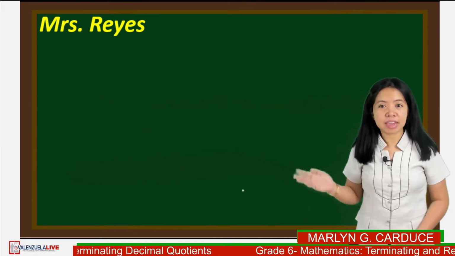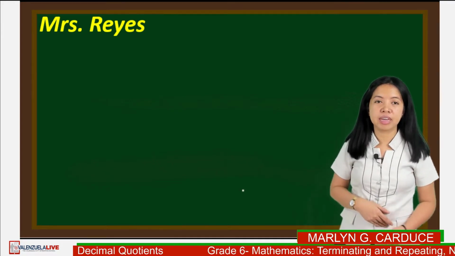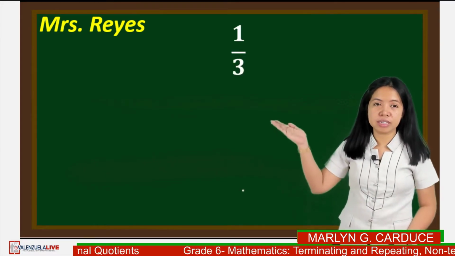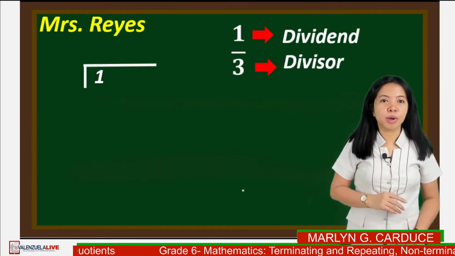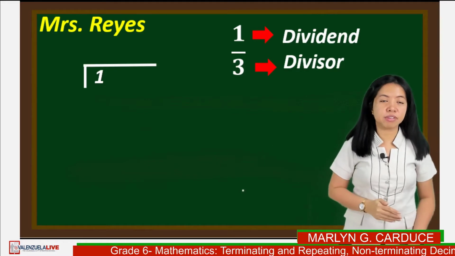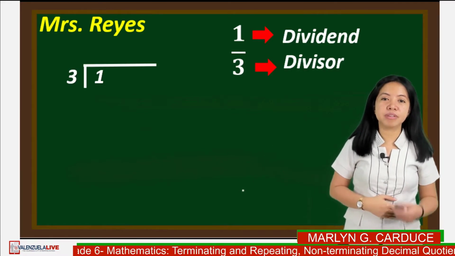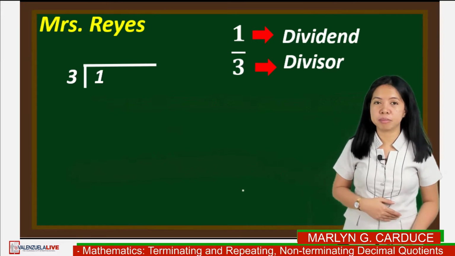And for Mrs. Reyes, wherein she buys 1/3 kilogram of chicken, same with this fraction, 1 as our dividend will be written inside the division symbol, and 3 as our divisor will be written outside the division symbol.